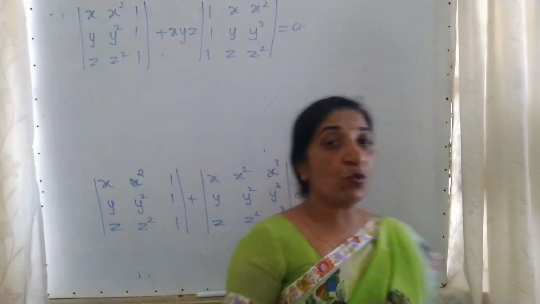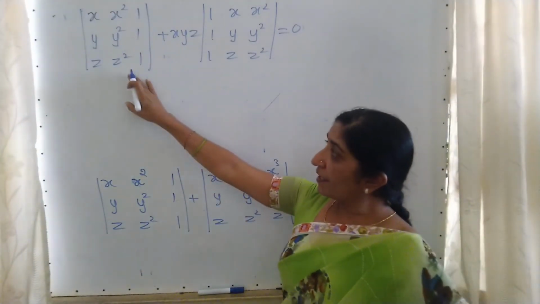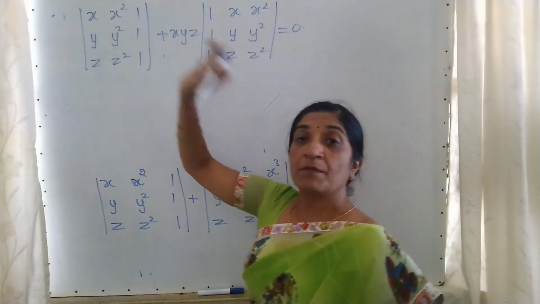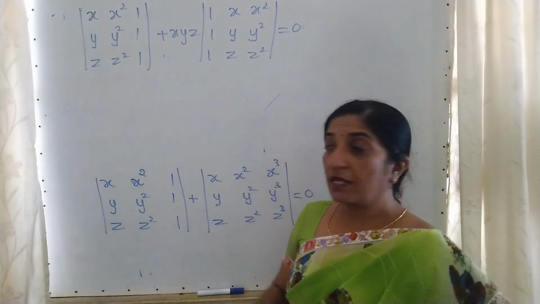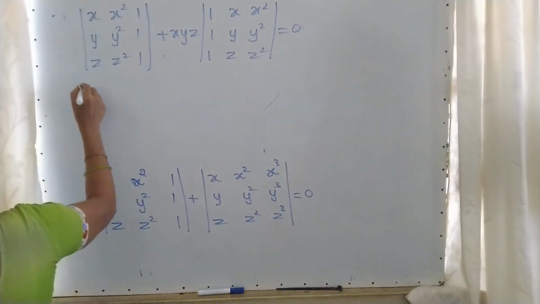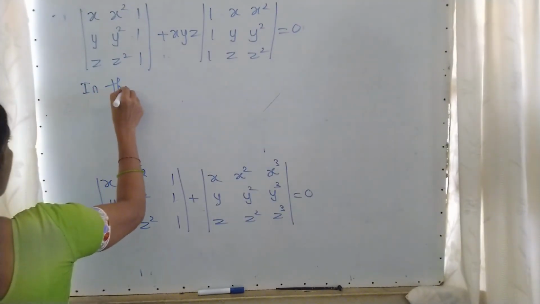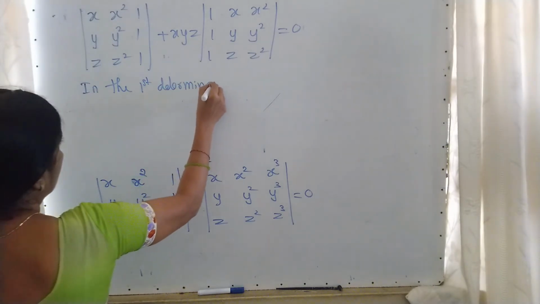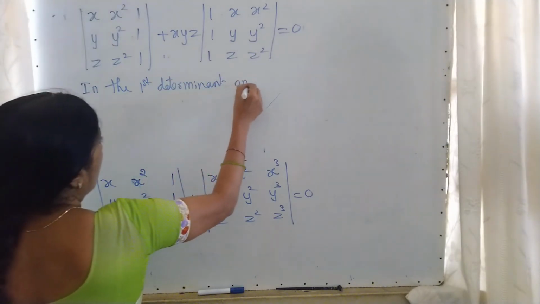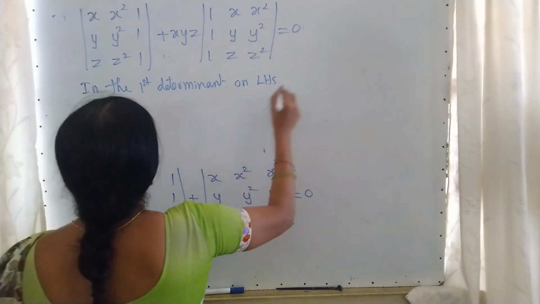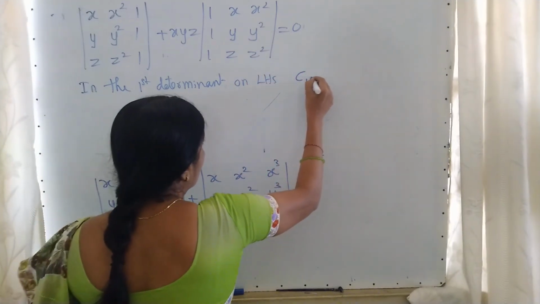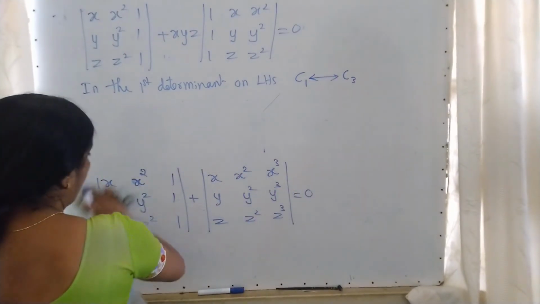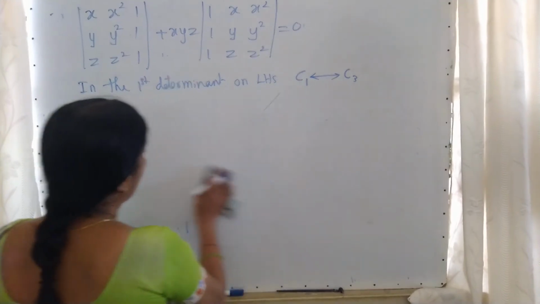Now we have two determinants on the left side. The same terms we have, but their place values are different. So in the first determinant on the LHS, I am interchanging C1 and C3.